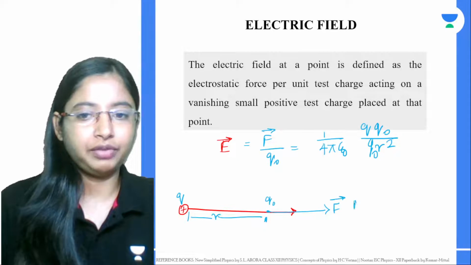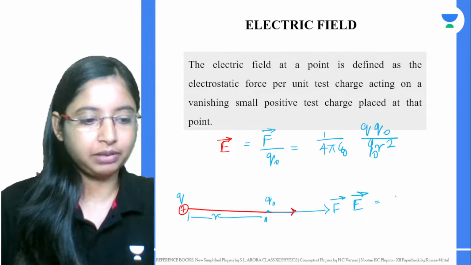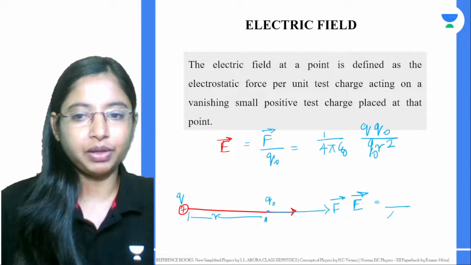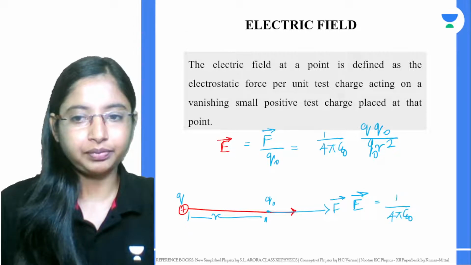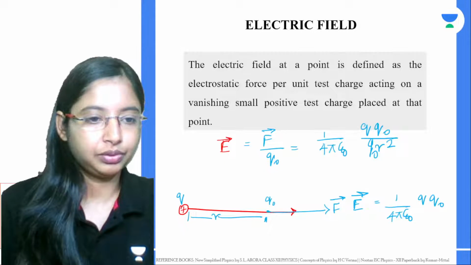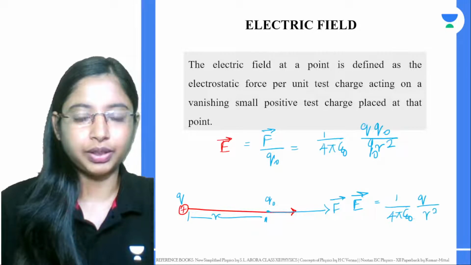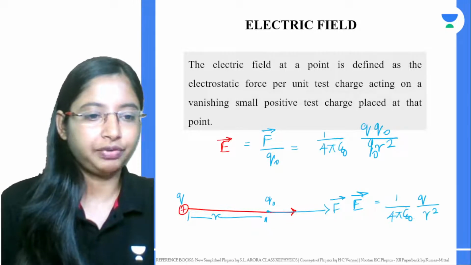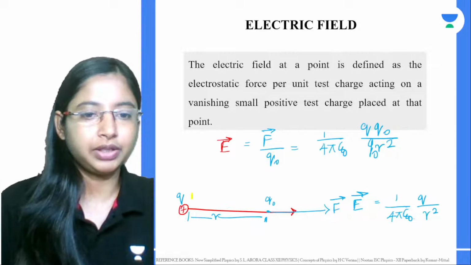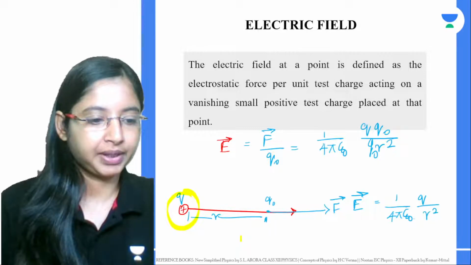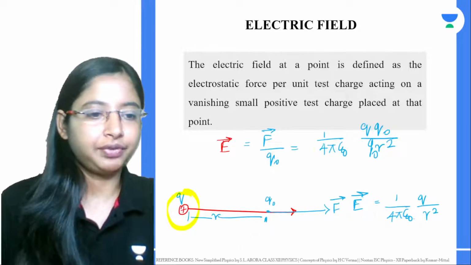From here we get the electrostatic field as 1 by 4 pi epsilon naught Q by R square. From here we can find out the electrostatic field around this particular source charge. This is your electrostatic field equation.